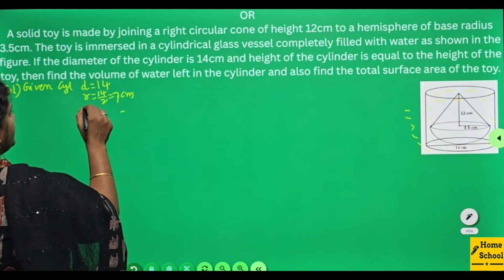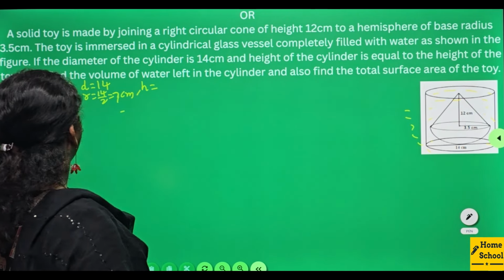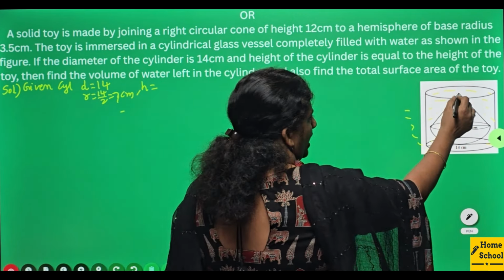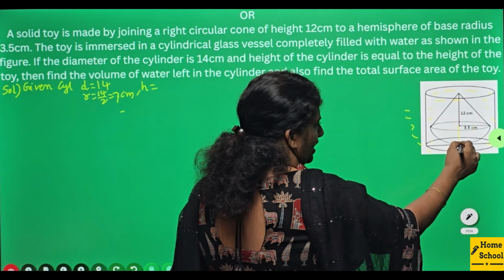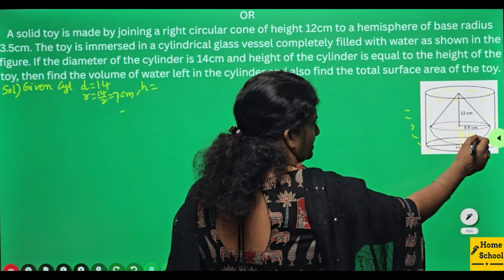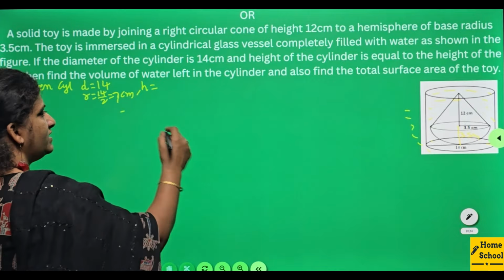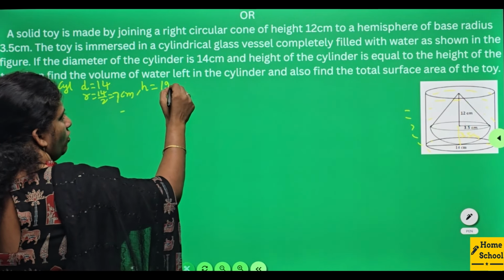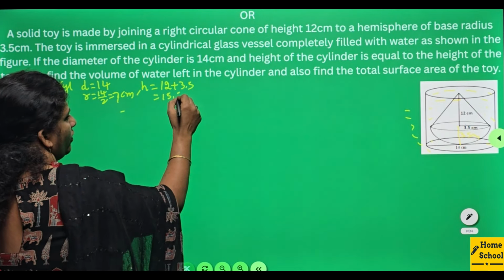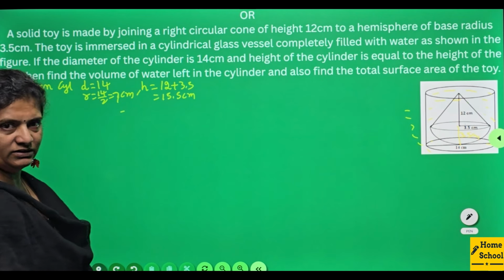And height of the cylinder equal to the height of the toy. Toy height is how much? Cone height is 12 centimeter and then hemisphere height is equal to the radius, that is 3.5 centimeter. Therefore, height of the cylinder is equal to cone height plus hemisphere height, that is 15.5 centimeters.